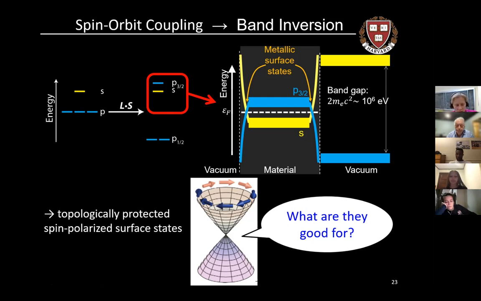We're interested in trying to make them by proximity effects between samarium hexaboride, which I'm going to talk about as a topological material, and then yttrium hexaboride, which is by itself a superconductor at a few Kelvin. And so potentially by using molecular beam epitaxy to grow one on top of the other, you could have a proximity induced superconductivity in the topological material. And therefore you would have a topological superconductor.